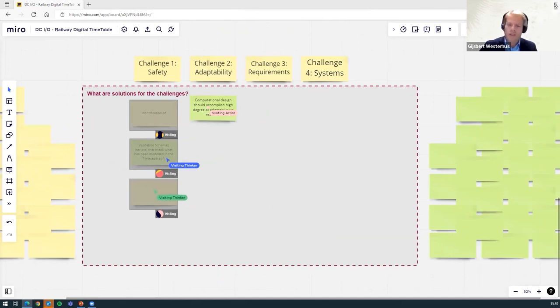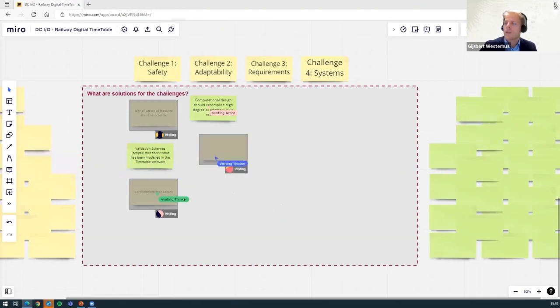So the first challenge is a very high safety standard. Challenge 2 is adaptability. Challenge 3 is requirements, many requirements, local but also from a governmental perspective. And then the 4th is the loads of different systems.